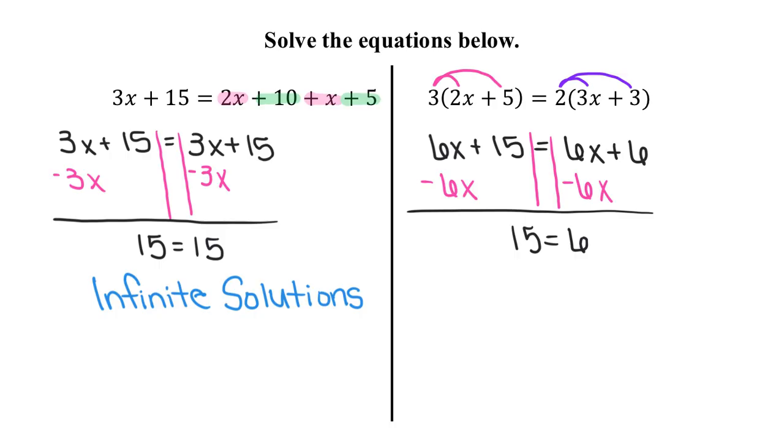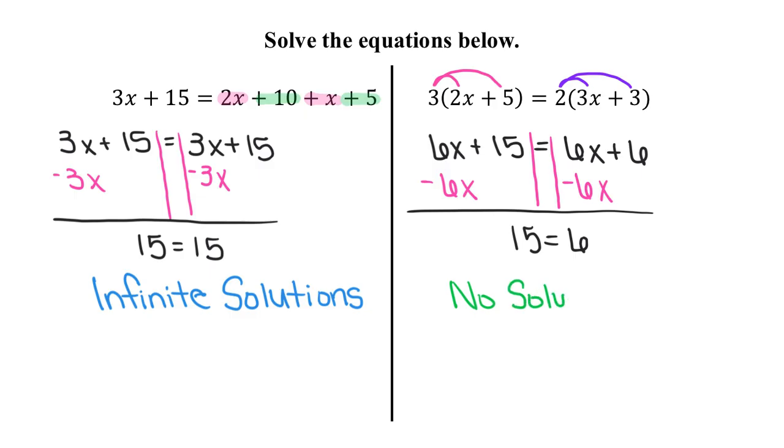It's crazy. But now we look at the right side. Now, the right side is not a true statement. 15 does not equal 6. When the variables cancel out of the problem and the end statement is wrong, this is a no solution.